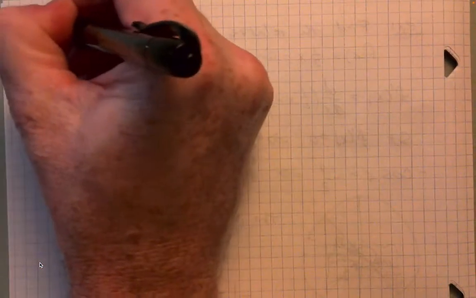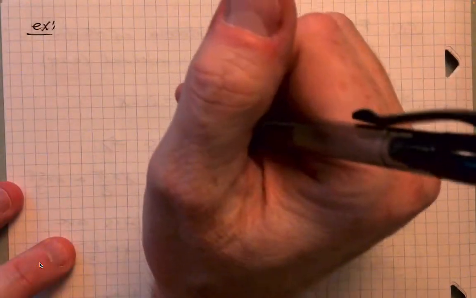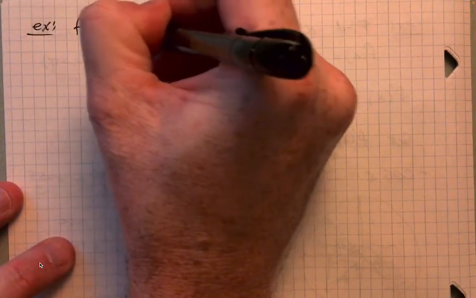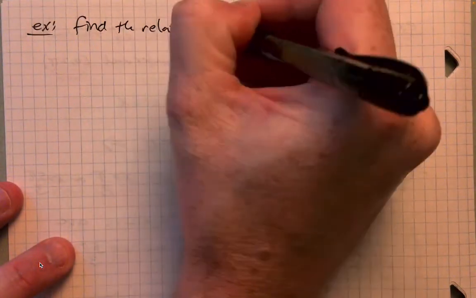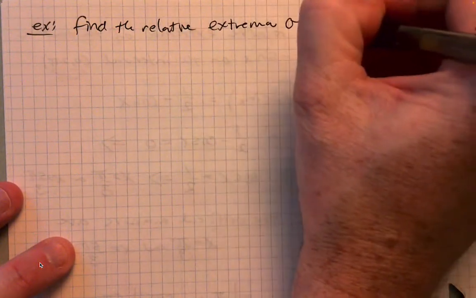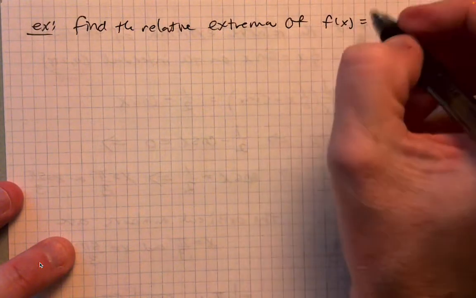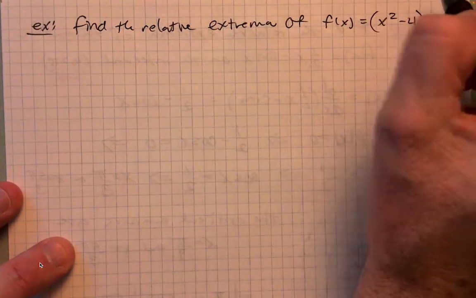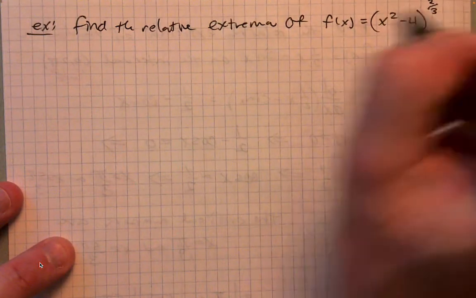Just to kind of drive this home, again we want to find the relative extrema of f of x equals x squared minus 4 to the 2/3 power.